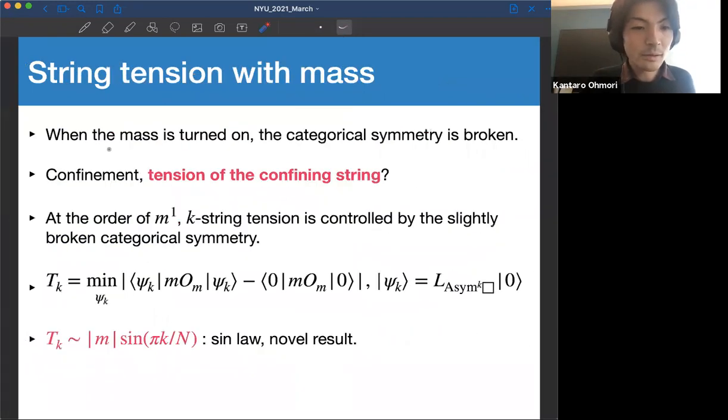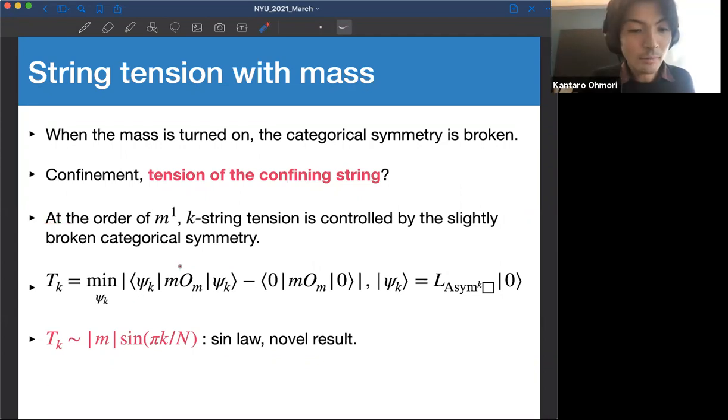Okay, we also thought about turning on the mass for the adjoint fermions. So if we turn on the mass, then the categorical symmetry is broken. So then there will be confinement, but if the mass is small, then there is a slightly broken categorical symmetry, and we can actually draw some quantity from that.